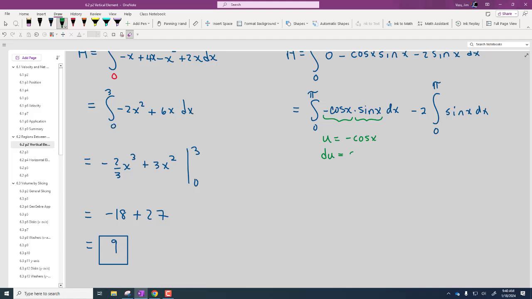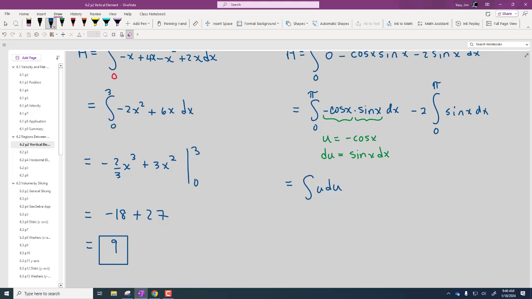That becomes positive sine. And that's going to allow us to rewrite this really beautifully. So this will be u du. That whole integral is going to simplify to u du. We said that negative cosine is the u, and its derivative is right there, the sine x dx.